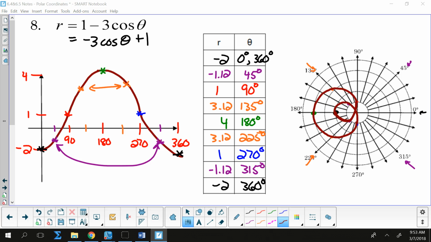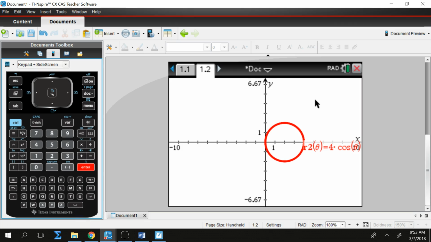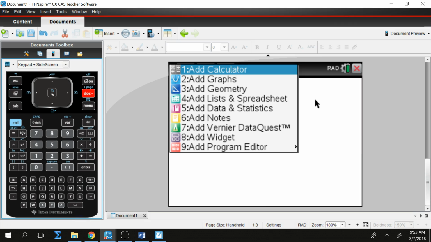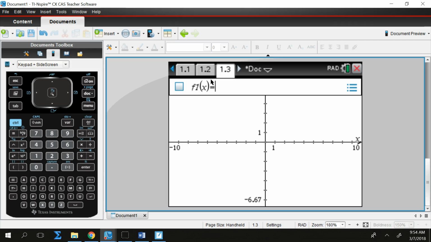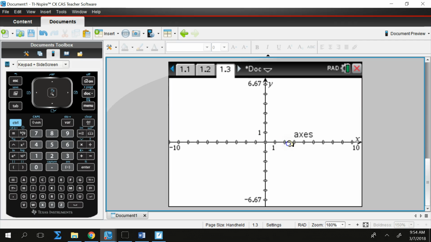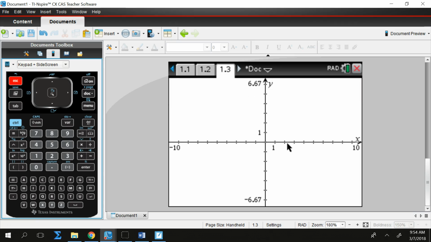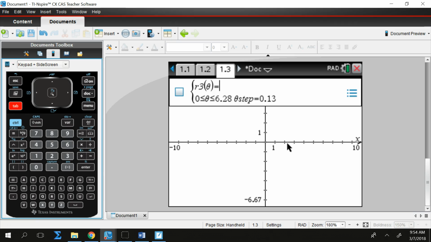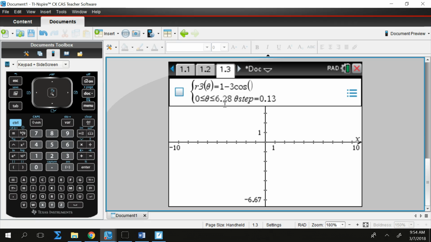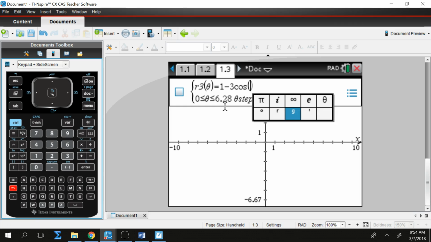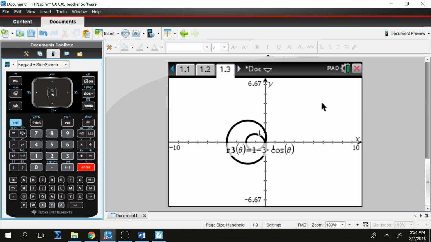On a calculator, it looks like 1 minus 3 cosine of theta. Boom! Boom goes the dynamite.